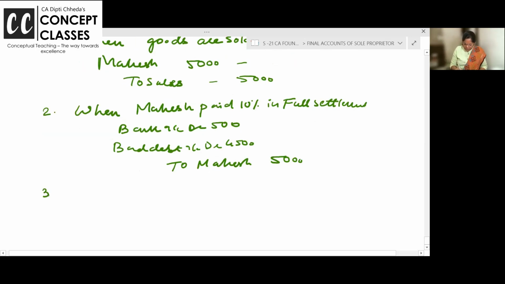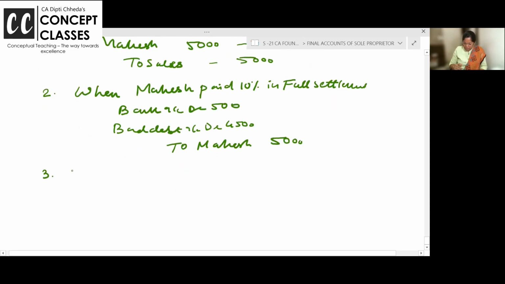Now, third entry. When Mahesh gave rupees 4,500 after 2 years.